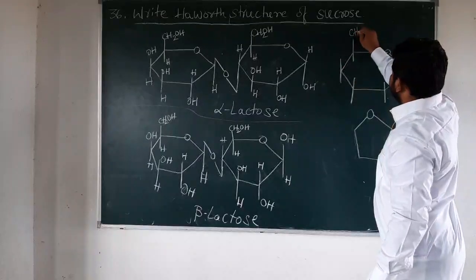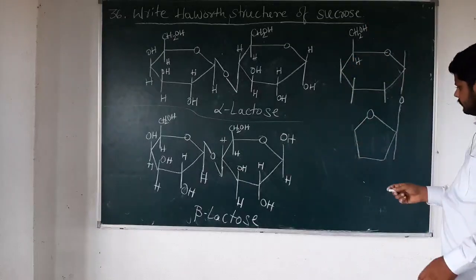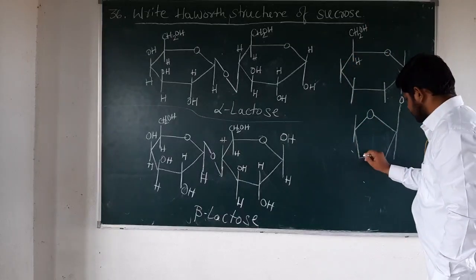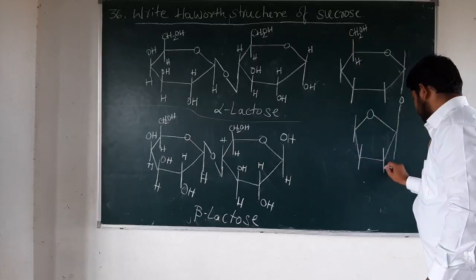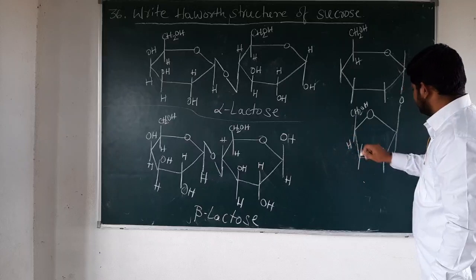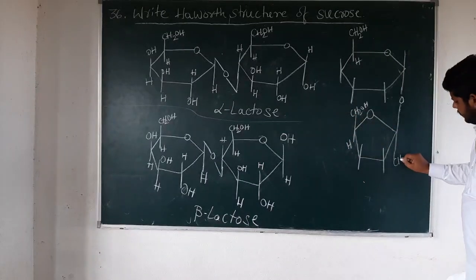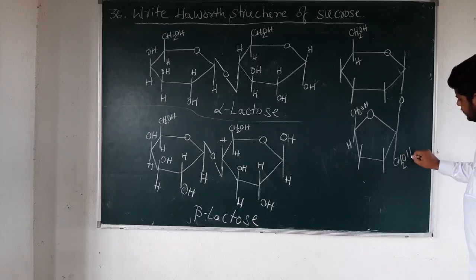As shown, CH2OH here, H here. Here also CH2OH and H here. For this carbon 4 and carbon 5, there will be one more carbon atom, that is CH2OH here.